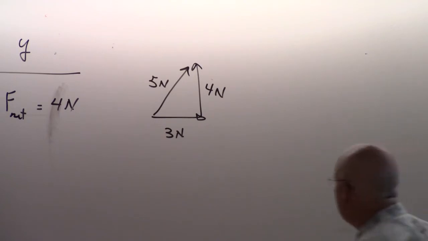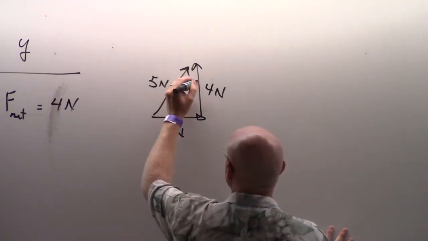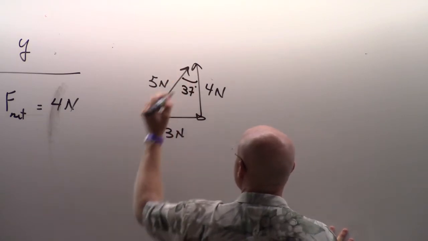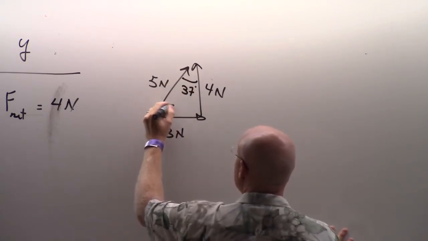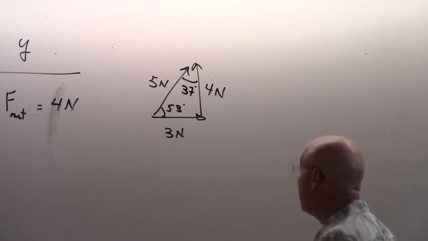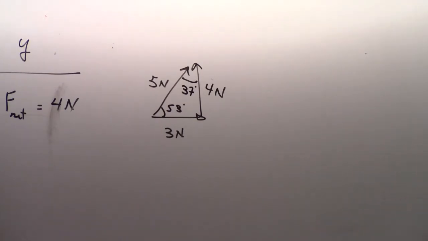Right? And so this would be that famous 37 and 53 degree angle if we bothered to get out our calculator and do the inverse tangent. And I'm pretty sure you guys could do that if you were to ask. So if it just said what's its magnitude, that's what you would do.